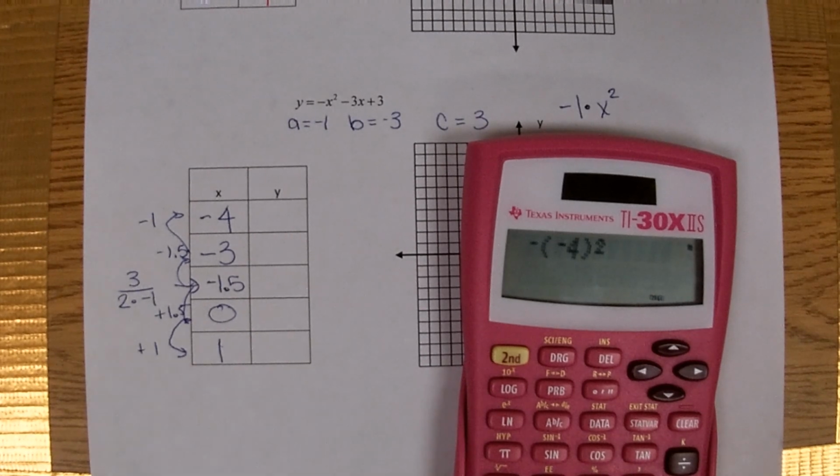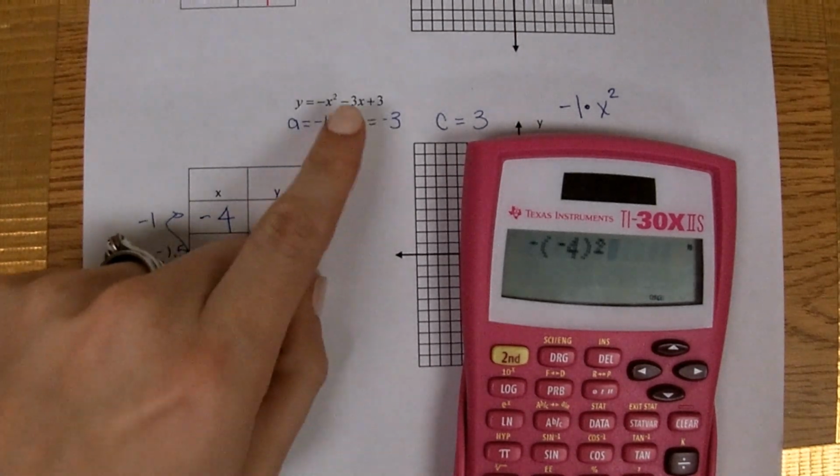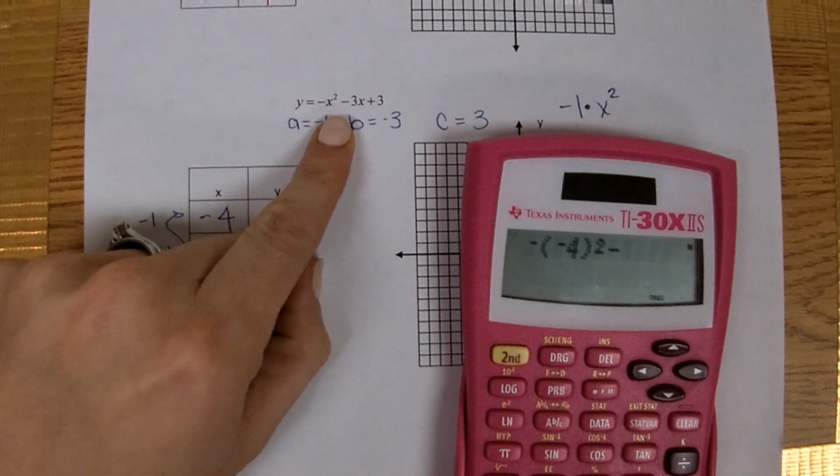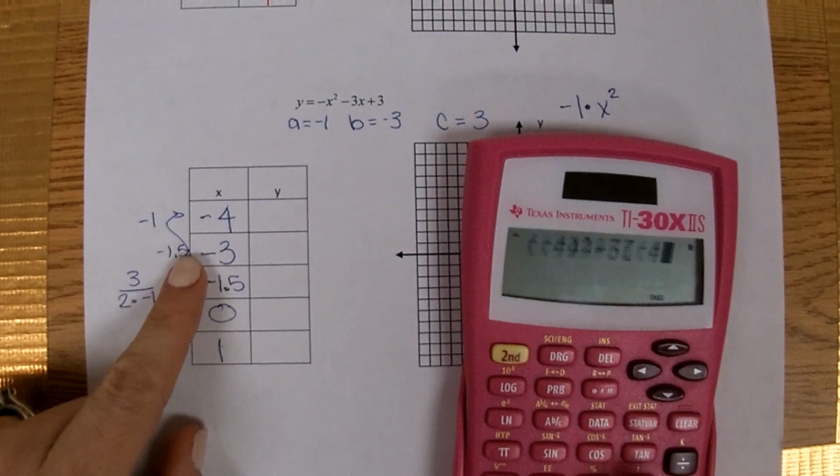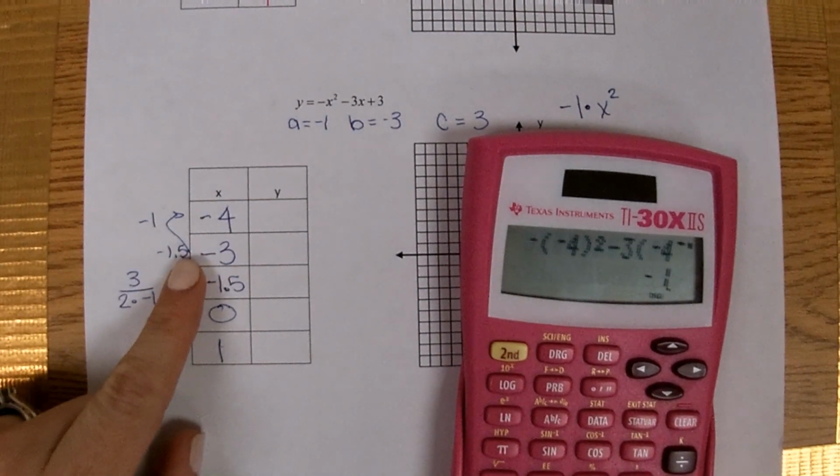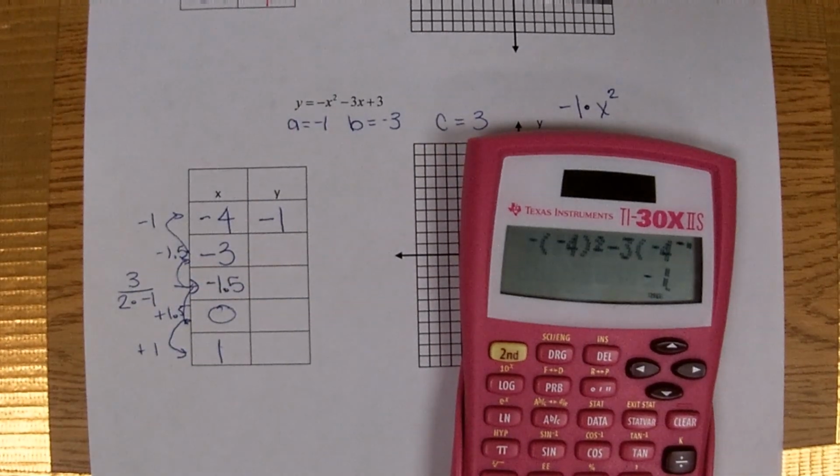Okay, if you actually want to type into your calculator -1 times, and then in parentheses put your -4 squared, that would be the exact same thing. -3 times -4 plus 3. Okay, that gives us -1.